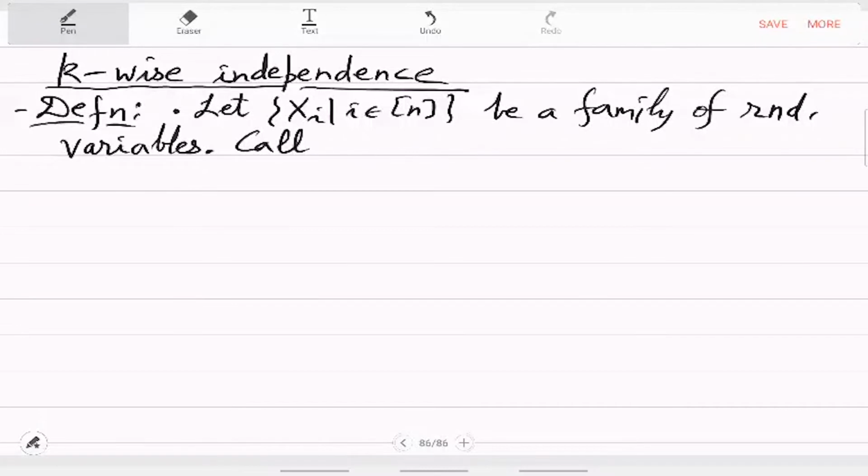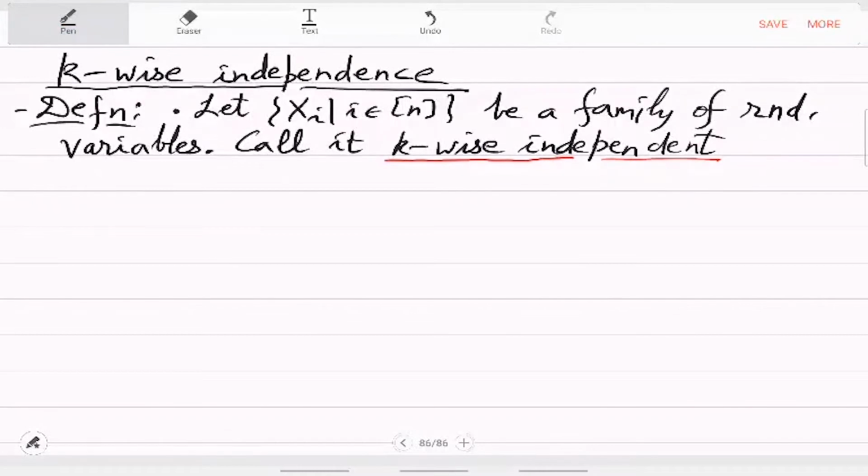Call it k-wise independent if any k of them are, that is, every k subset is independent. So what do we mean by that? The following equation.